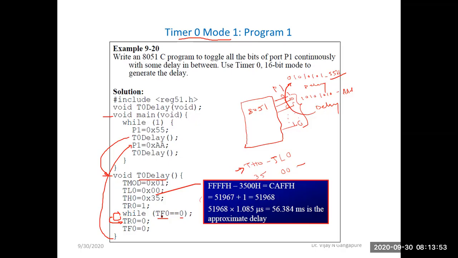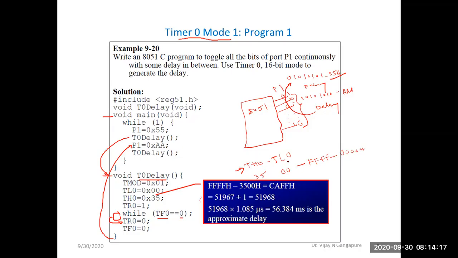Okay, means we are waiting for TF0 to become 1, and TF0 becomes 1 when the count in TH0 and TL0 reaches the maximum, that is FFFFh, and after that, due to one more pulse, it rolls over from all ones to all zeros, means it will become 0000h.